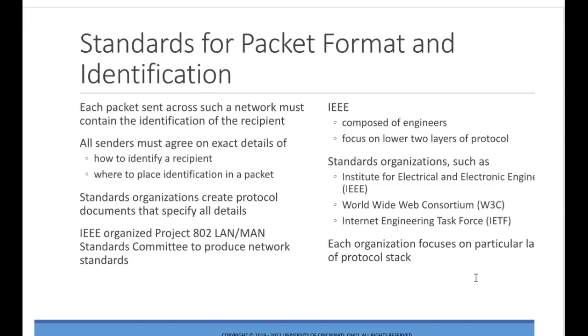The IEEE, the Institute for Electrical and Electronics Engineers, focuses on the two lower layers, which would be layer 1 and layer 2. The IETF focuses on layers 3 and 4. The World Wide Web Consortium supervises layer 5.